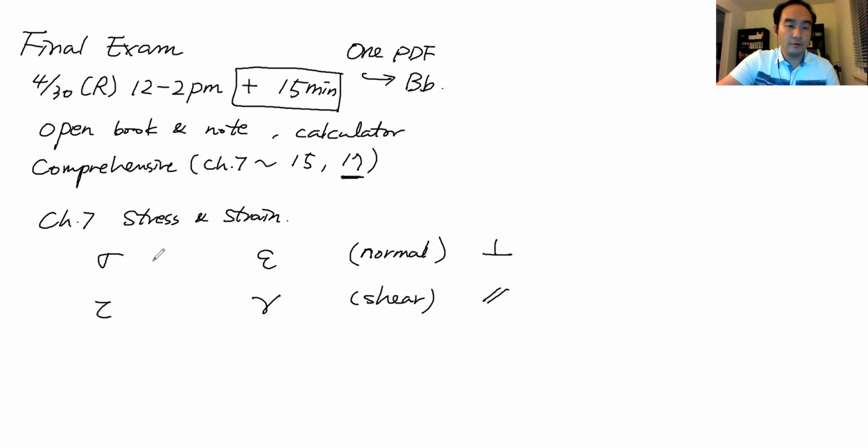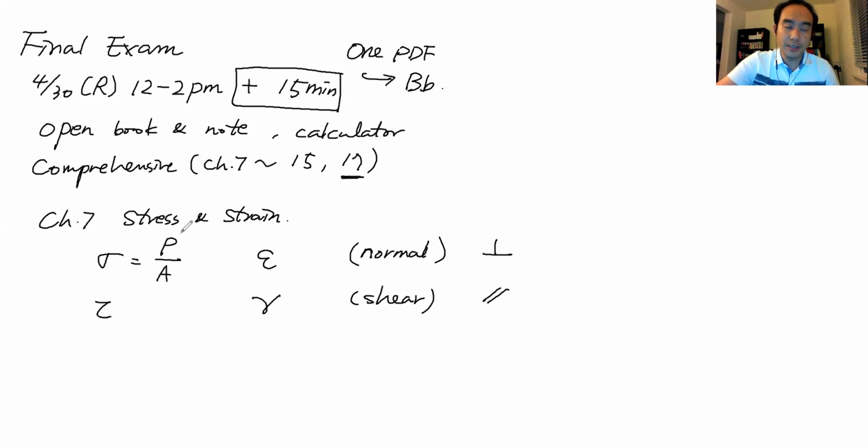And the mathematical formulation of normal stress and normal strain: sigma is defined as P over A. So sigma is the intensity of the force, right? P is the force over the cross-sectional area.